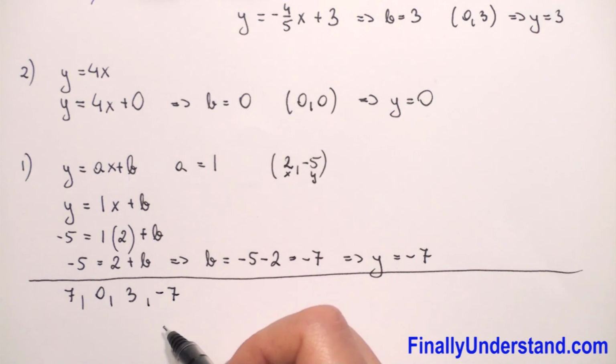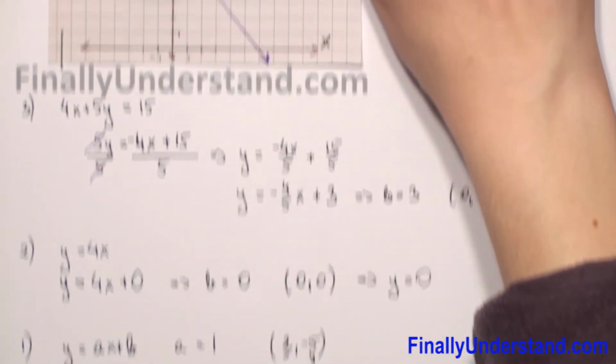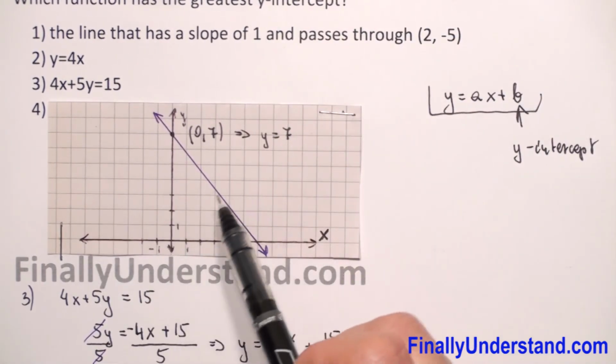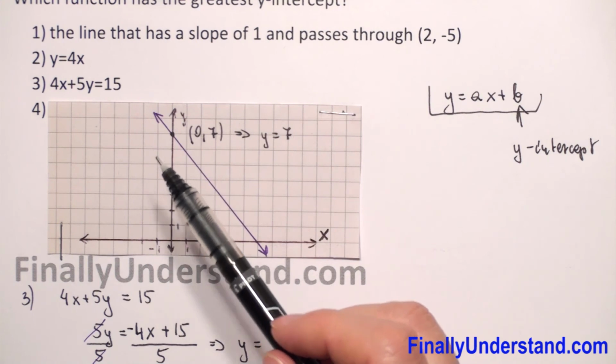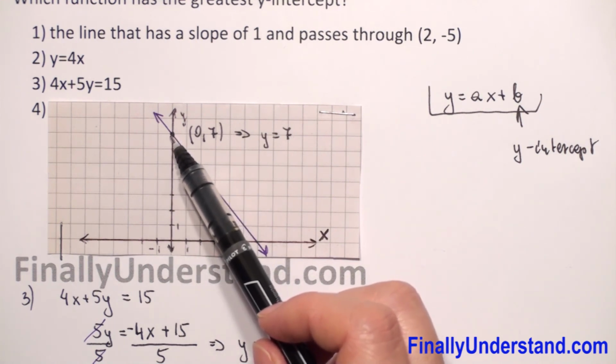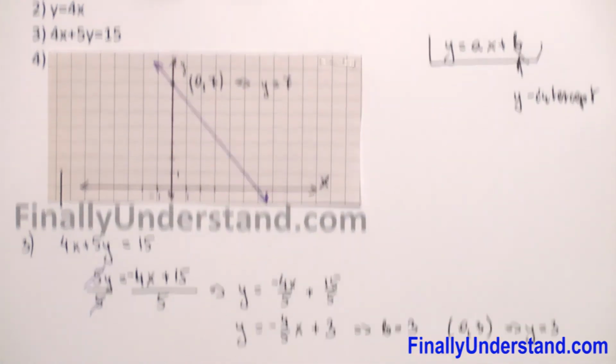We have 4 values, and we have to choose the greatest, which is 7. The 7 was from the graph. This is the highest, the greatest y-intercept. It's at (0, 7), so y has value 7.